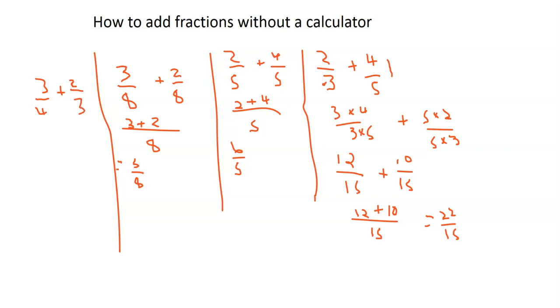Again, the same concept applies. The denominator that you have here will multiply everything on the left. So this 4 that we have as our denominator will multiply the 2 over the 3.